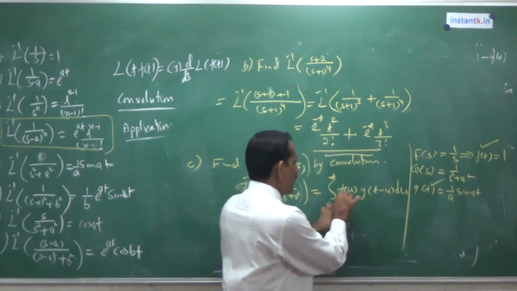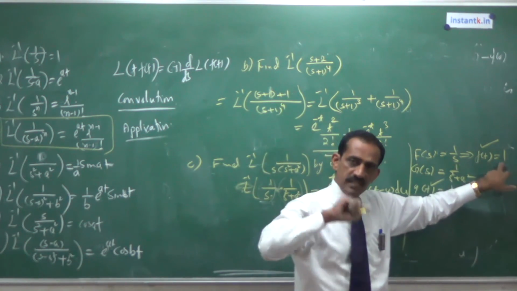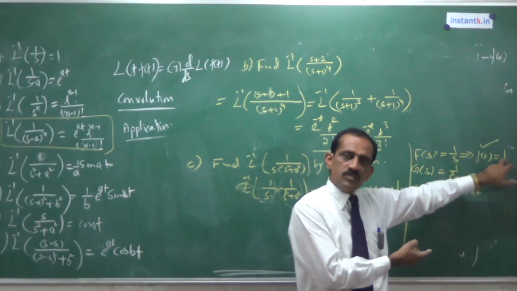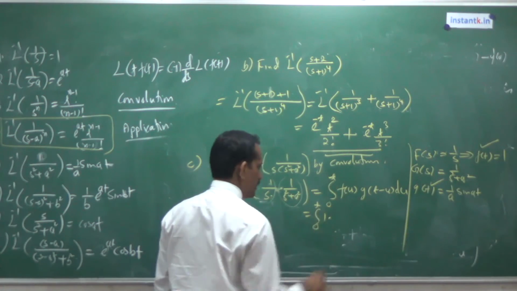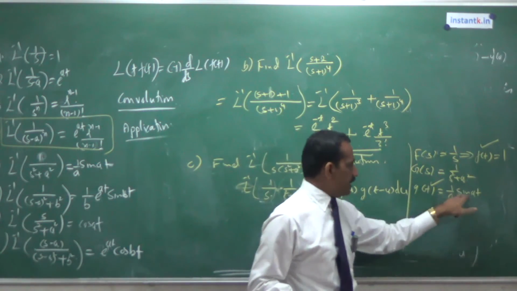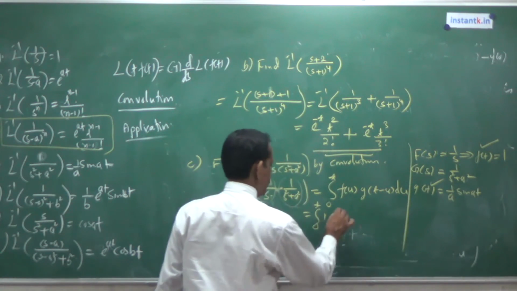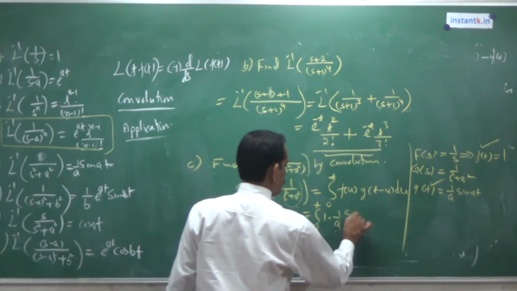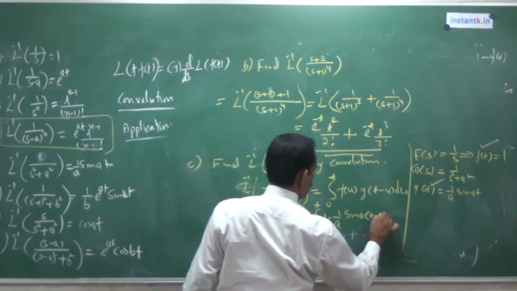But what I need is f of u. In f of t, it is 1. If you replace t by u, what do you get? That is 1 itself. So this is integral 0 to t, 1 only. Next, g of t is 1 by a into sine at. Replace t by t minus u. What do I get? 1 by a into sine a, replace this t by t minus u.